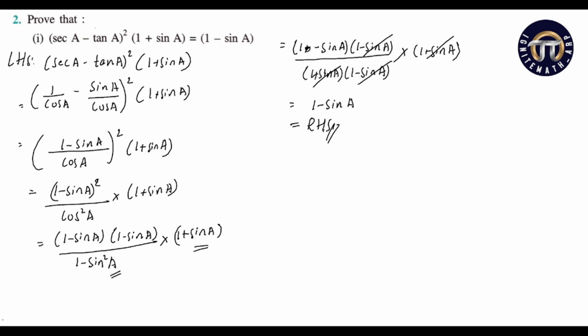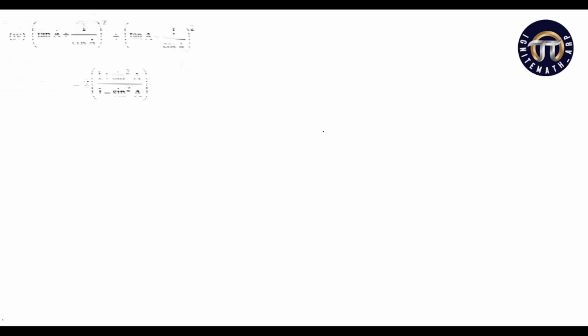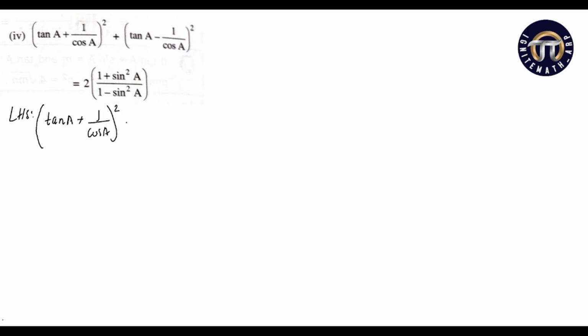I hope you are following whatever we are doing. So the next question, look at this question very carefully. So I will take the LHS. So LHS is what, children? (tan a plus 1 by cos a) the whole square plus (tan a minus 1 by cos a) the whole square.